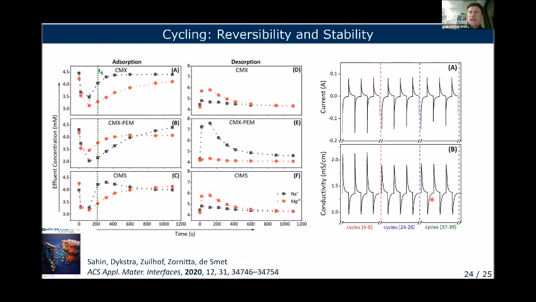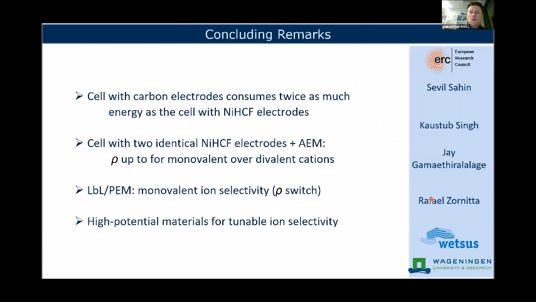Brings me to the last slide, where I want to give an overview of my conclusions. So the cell with carbon electrodes consumes twice as much energy compared to the intercalating one. Also, if we combine these two identical PBA electrodes with the membrane in between, we see that rho goes up for monovalent compared to the divalent cation.